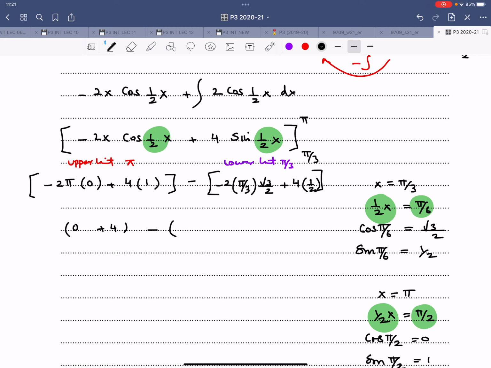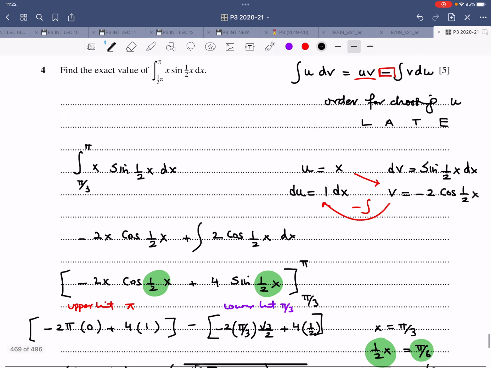That is root 3 pi divided by 3 with a negative sign, correct? And 4 into half is 2. Now open it up. So this is 4 plus root 3 pi over 3 and then minus 2. This is 2 plus root 3 pi over 3. So do double check the working. This is the answer. You have a 2, you have a root 3 at the top, you have a 3 at the bottom, and then a pi. So it looks perfect to me.